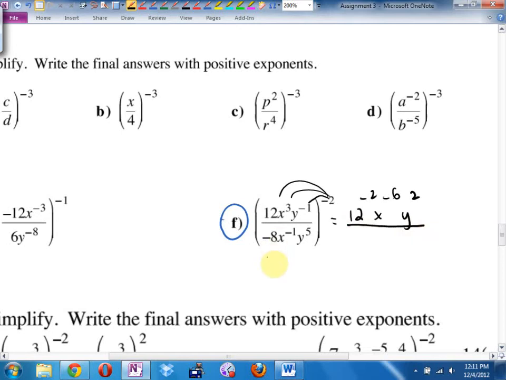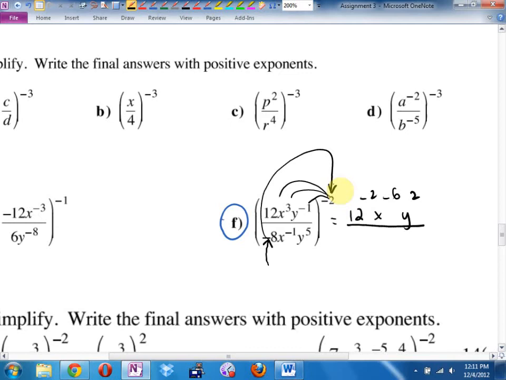Hey, see this negative right there? What's the exponent acting on this negative right there? Negative 2. Odd or even? Vanish or stay? What's going to happen with that negative? Oh no, go.